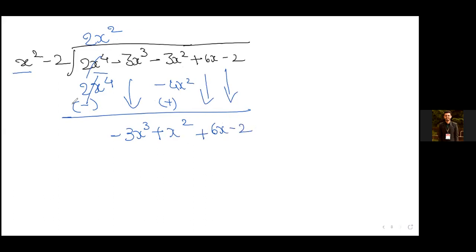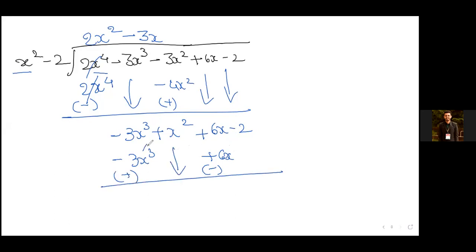Now further, we need to cancel 3x cube, so we multiply by minus 3x into x square, that gives us minus 3x cube. But we have 2 here, so this place we keep blank and write it over here, that is plus 6x, right? Again, this gets cancelled and this gets cancelled.